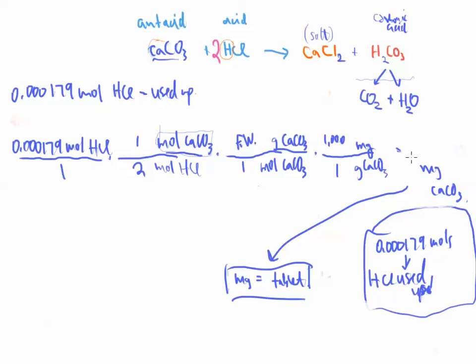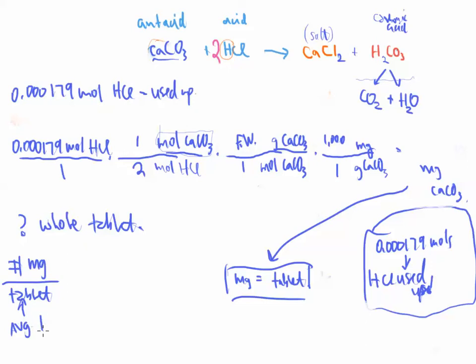Now, if you don't use the whole tablet, what happens? What if a whole tablet was not used? Well, we know the number of milligrams per tablet, and we can do an average tablet weight here. What we would do is take a handful of antacid tablets, weigh them, do an average, and report the average tablet weight.